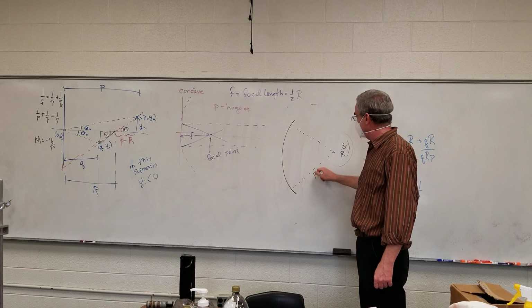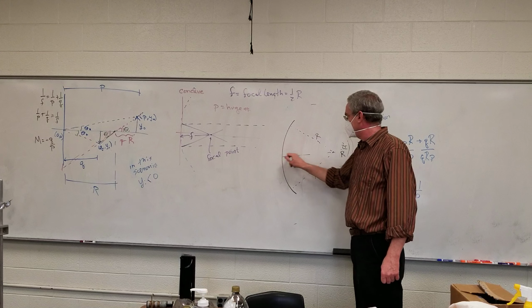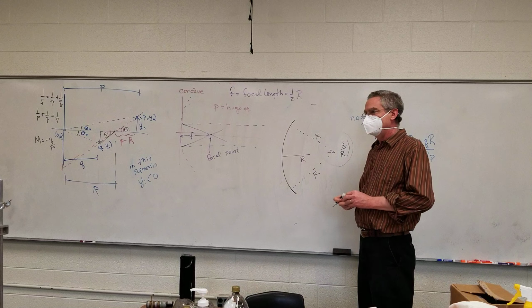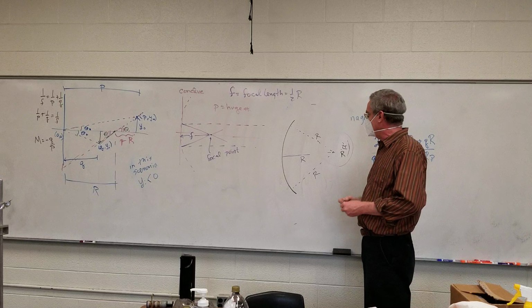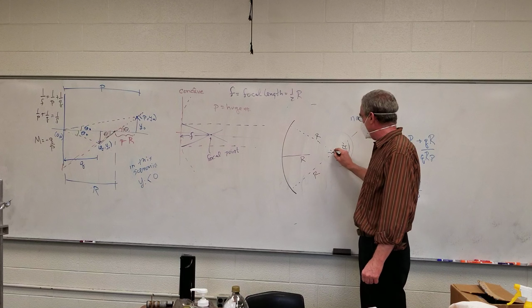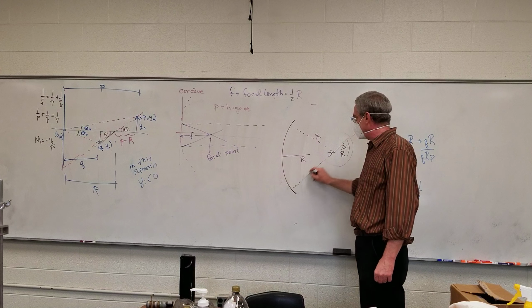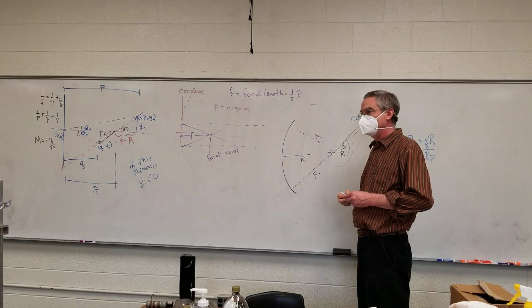This distance here is R, this distance here is R, this distance here is R. Any light that goes through that point, heading towards the mirror, is going to bounce right back through that exact same point.